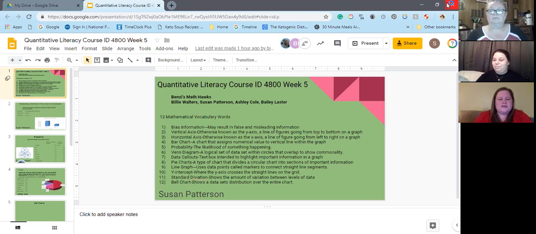All right, Susan. How do Venn diagrams help in seeing a better quality of data and information? All right, Venn diagrams take the information or data that you have and help you see any overlapping data.